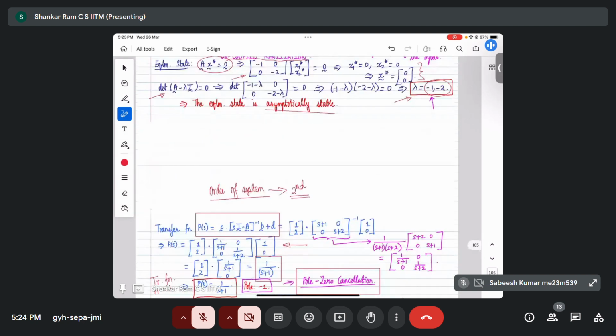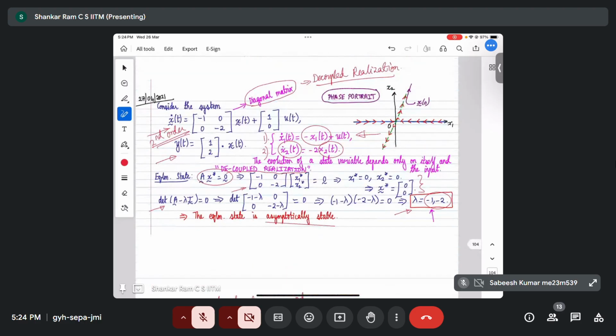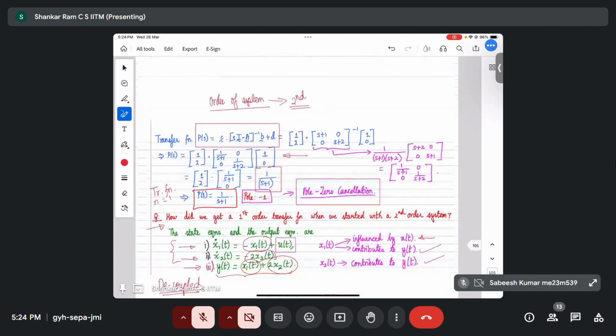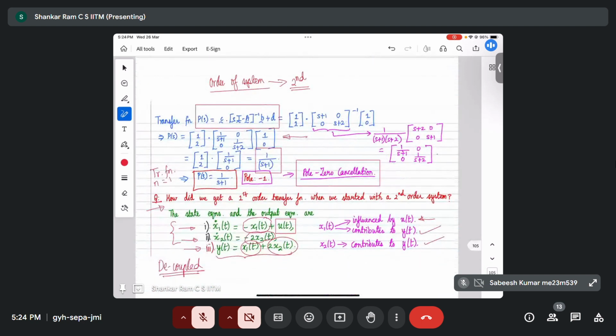We already know about the state space representation, the notion of an equilibrium state, the notion of stability of an equilibrium state, and so on. Having studied all these notions, we looked at a particular example where we had a second order system, but when we calculated the transfer function, it resulted in a first order transfer function.